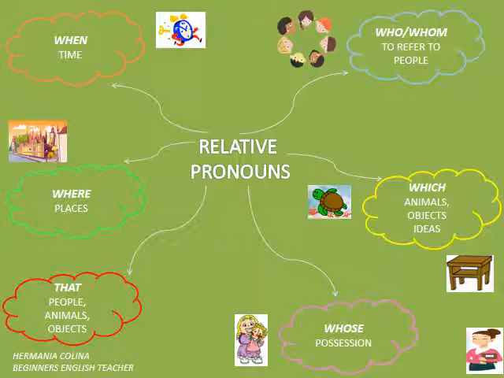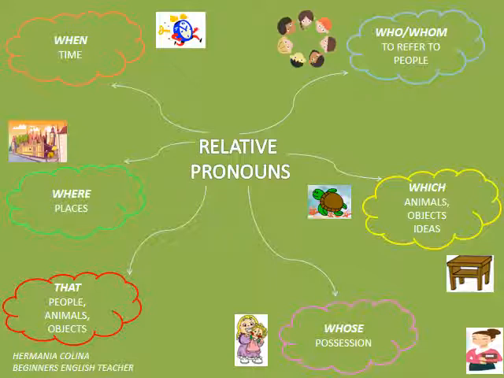This is used to tell us more about people and things, or to join two sentences to form one using relative pronouns. What are they? You can see in this presentation different kinds of them, such as which, who, where, when, and that. They are used in different ways.